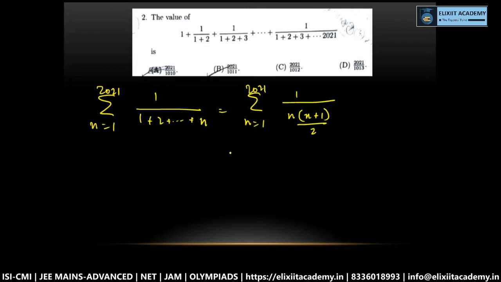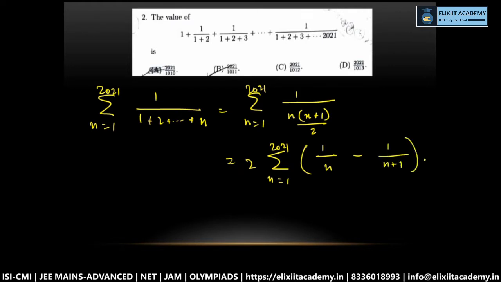Sum of the first n natural numbers, that's n into n plus 1 by 2. Okay, so if you take this 2 outside the summation, this is 2 into summation n equals 1 to 2021, and this you can further rewrite as 1 by n into n plus 1. Okay, you can break this into the form of 1 by n minus 1 upon n plus 1.